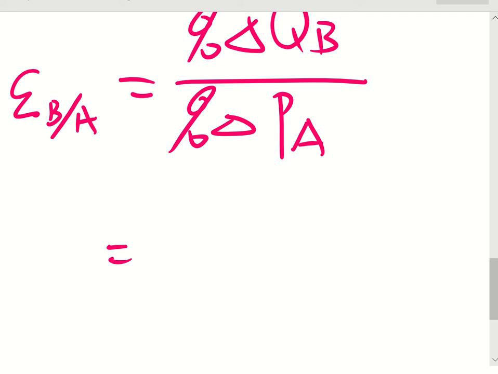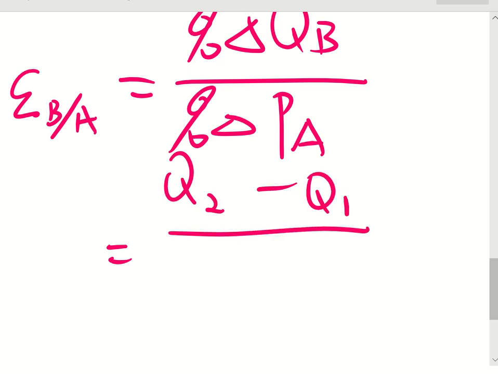So for quantity change, that will be Q2 minus Q1 over Q1, right? So new quantity minus old quantity divided by old quantity. But we're going to put a B here, so you know this is for quantity B. Let's say apple, right?